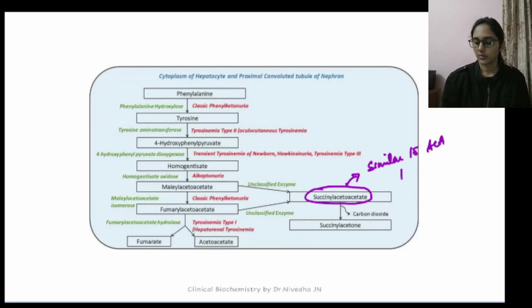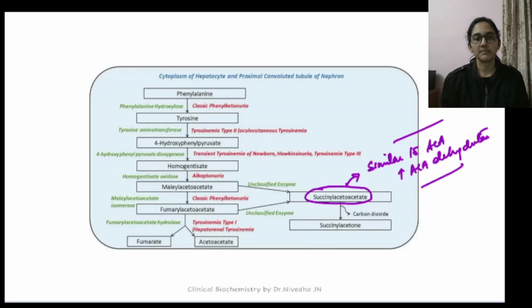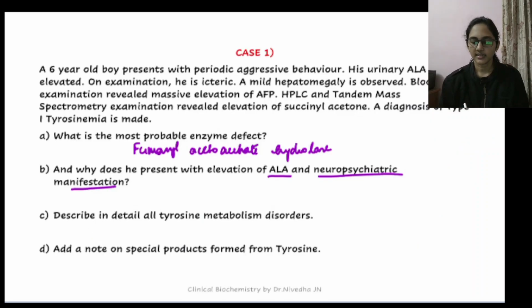It inhibits the ALA dehydratase enzyme, so it mimics porphyria. That is the reason he presents with elevation of ALA, and so there are more neuropsychiatric manifestations.